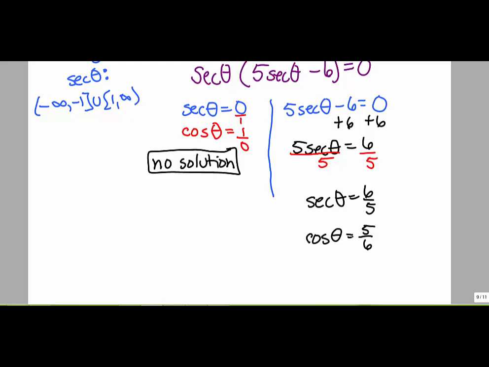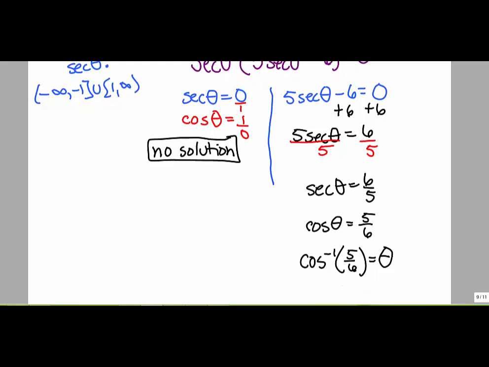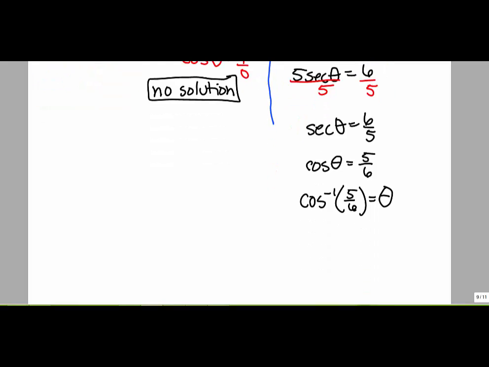Once again, I'm not familiar with that cosine value, so let's put this into our calculator. Cosine inverse of 5/6 equals what angle? And once again, we want to keep in mind that we are looking in two quadrants for this solution. We are looking in quadrants where cosine is positive, since we're looking for a positive cosine value, which would be quadrants 1 and 4.